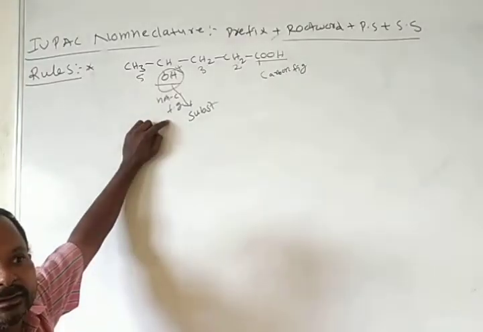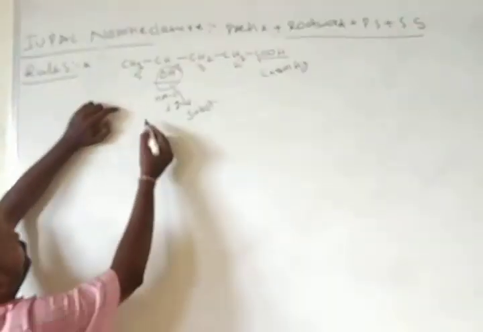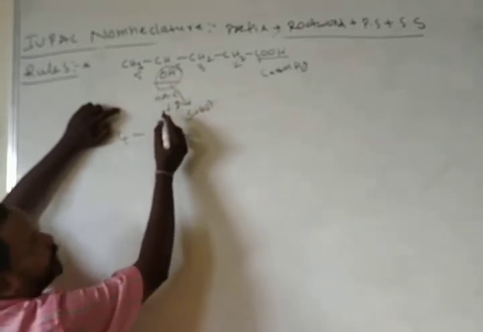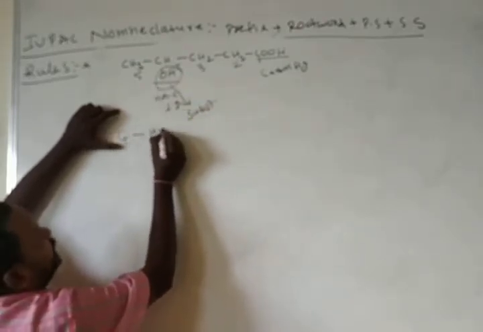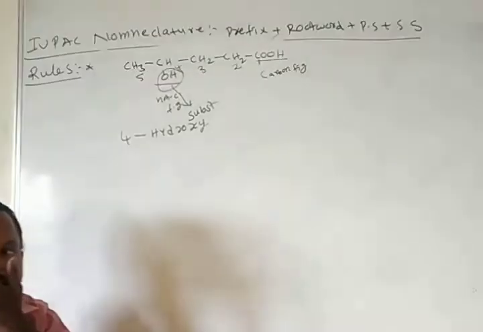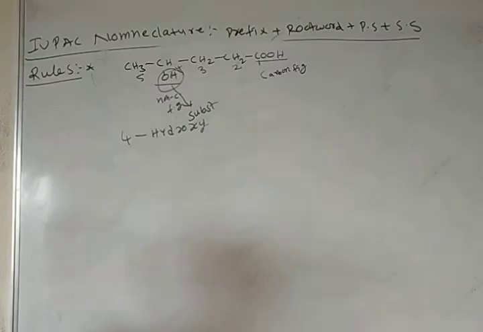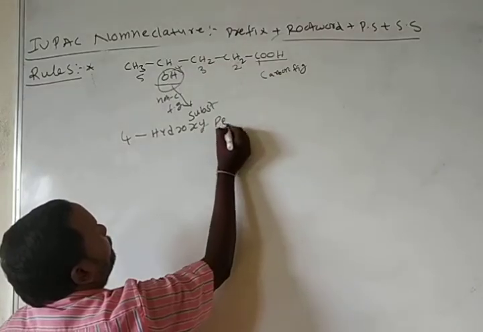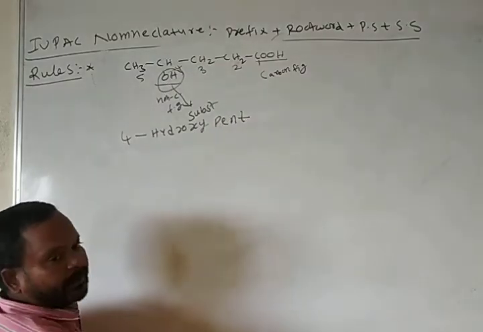Substituent means you write the position of OH. OH is present at the fourth position. If it is a substituent, we use hydroxy, so 4-hydroxy. How many carbon atoms are there? 5 carbons, pent.